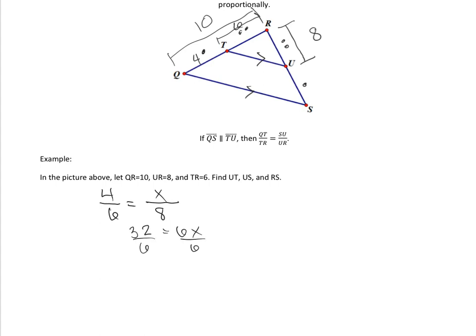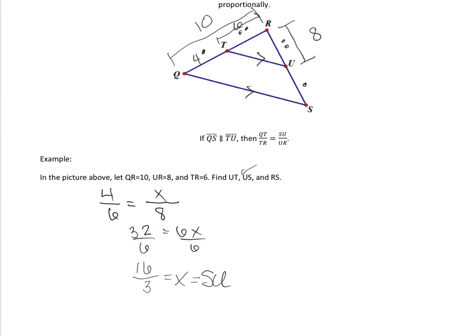This is not a whole number, so I'm just going to have to reduce. 2 goes into both of these. 2 goes into the top one 16 times, so I get 16 over 3 is x, which is the same thing as SU. So that's SU or US.